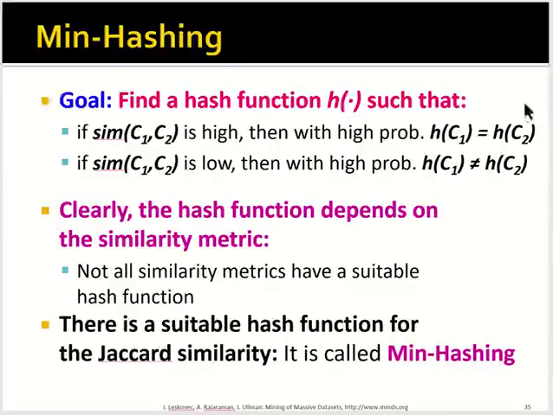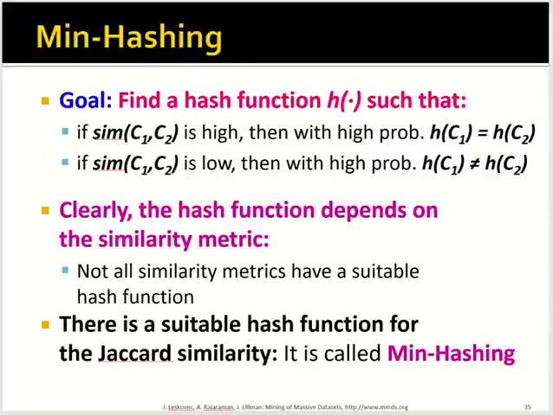Okay, let's bear in mind the goal of min-hashing: to find the hash function to implement the similarity comparisons. Clearly, this potential hash function really depends on the similarity matrix in the previous slides.